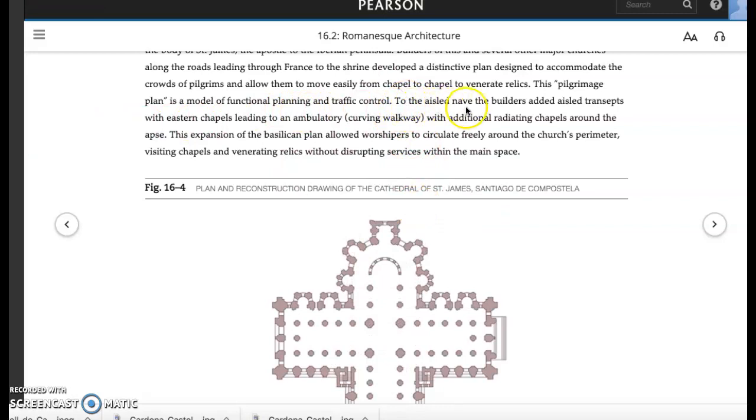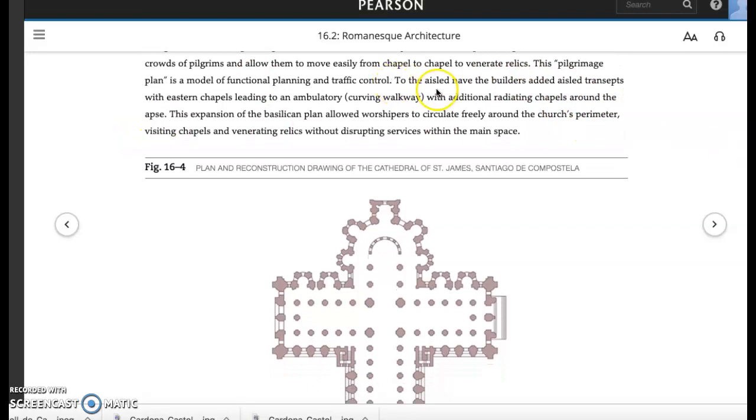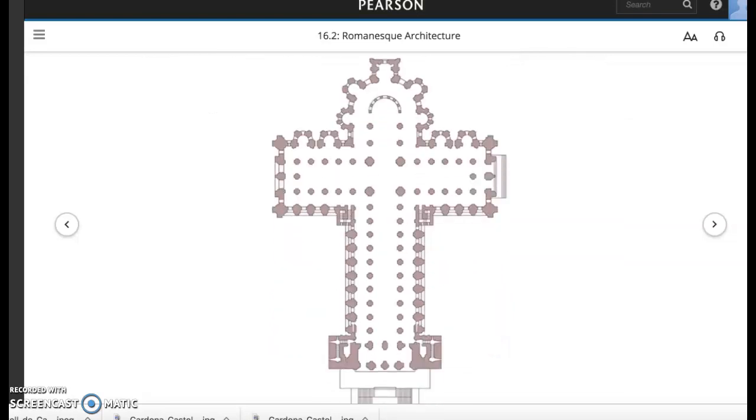To the aisled nave, the builders added aisled transepts with eastern chapels, leading to an ambulatory, a curving walkway with additional radiating chapels around the apse. So what they're saying there is that you've already had a design where the nave of a basilica has aisles on either side.